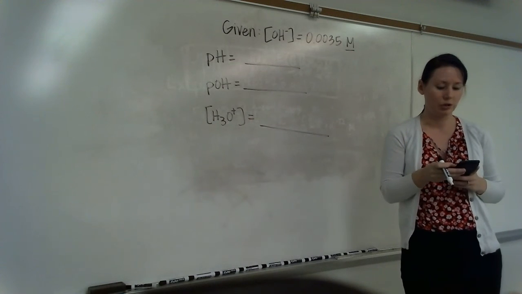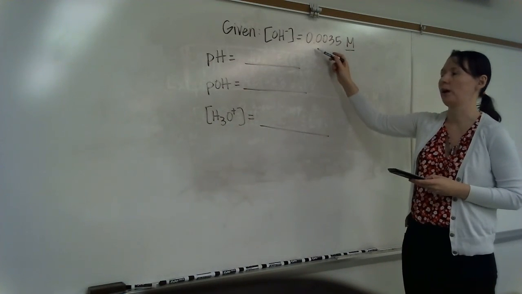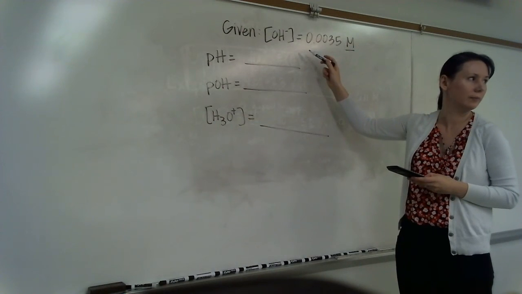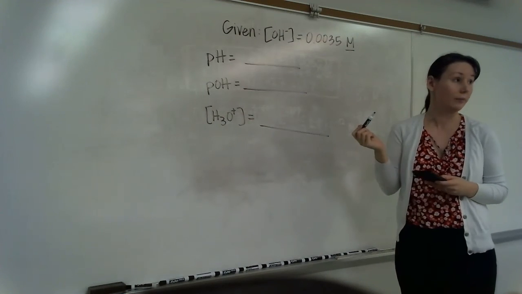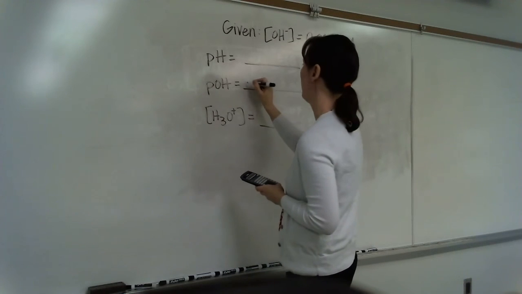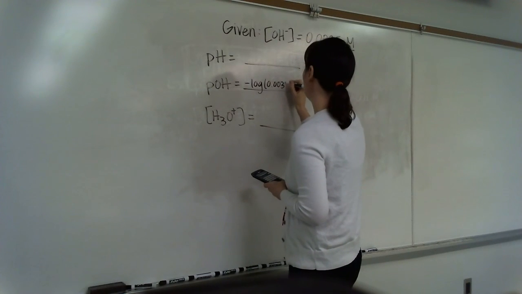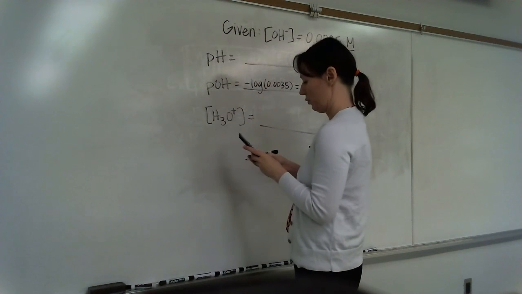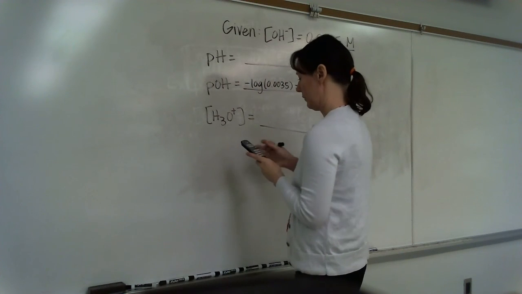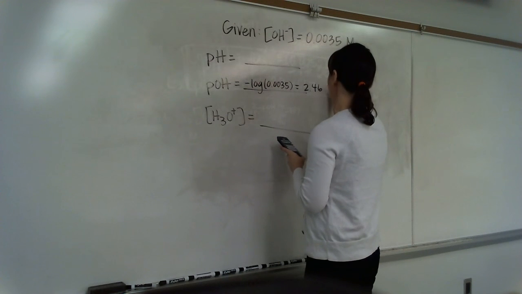I can't calculate pH from a hydroxide. What do I calculate? POH, right? Can I calculate POH? Yeah. So that's negative log of 0.0035. So 0.0035 log, that would be 2.46.